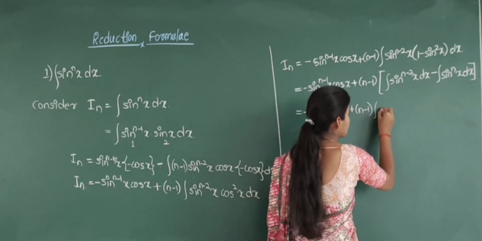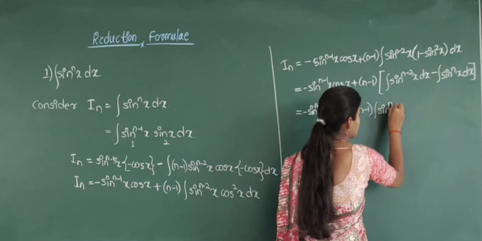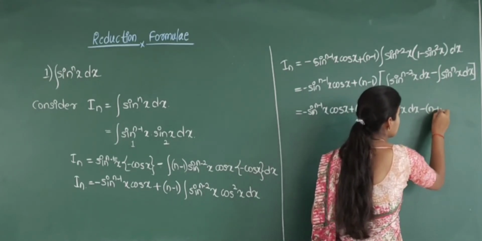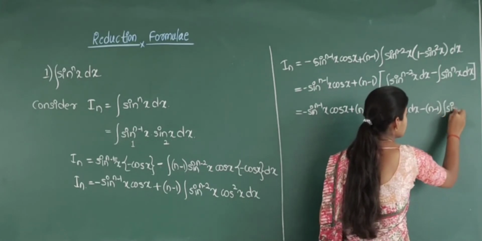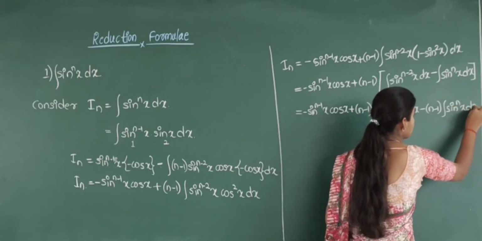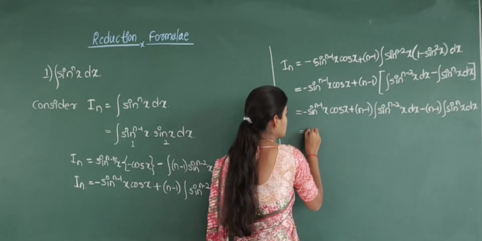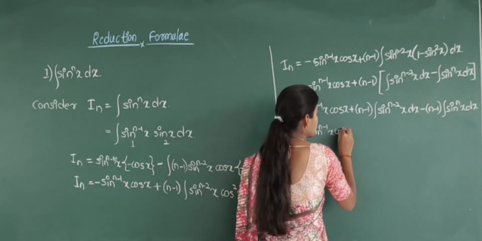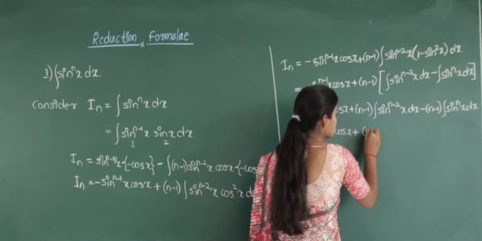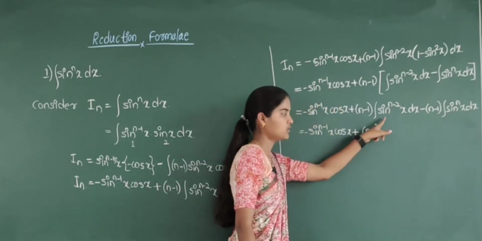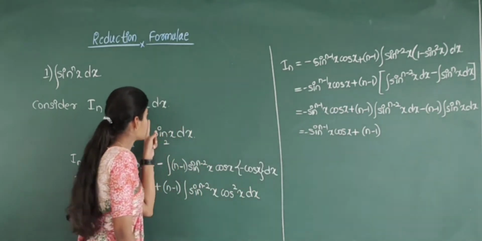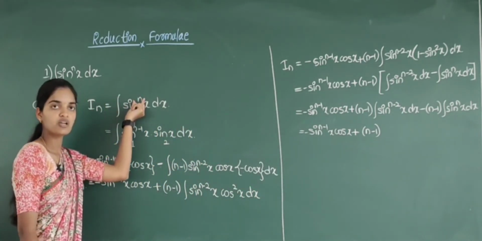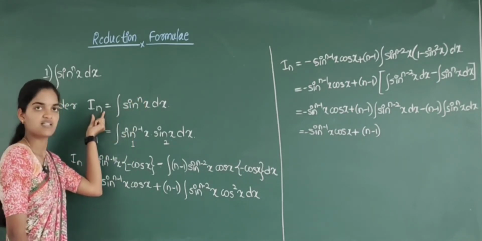Let us observe how I am writing that n minus 1. First I will write the separate terms, then you can substitute: minus n minus 1 into integration of sine raised to nx into dx. So it is equal to minus sine raised to n minus 1 x into cos x plus n minus 1. As I have told you, IN is equal to sine to the power n, so whatever the power for sine is, that we consider as the suffix.